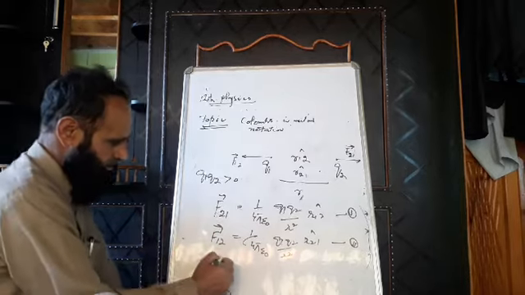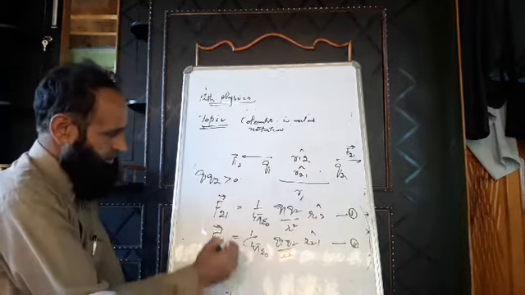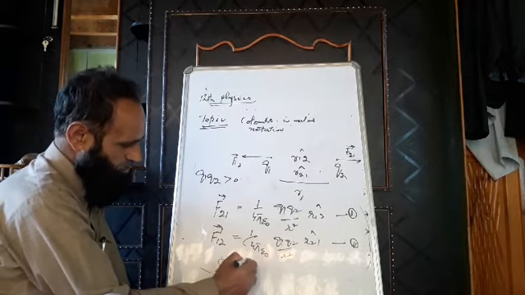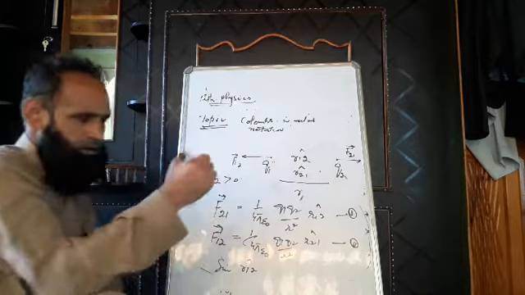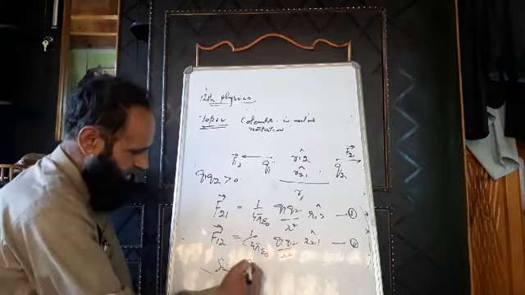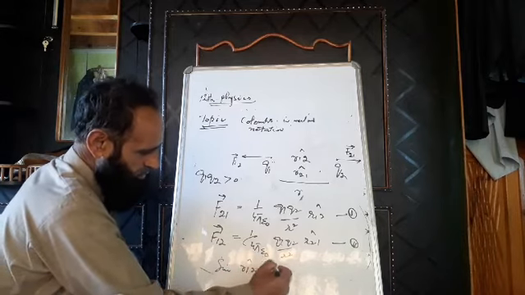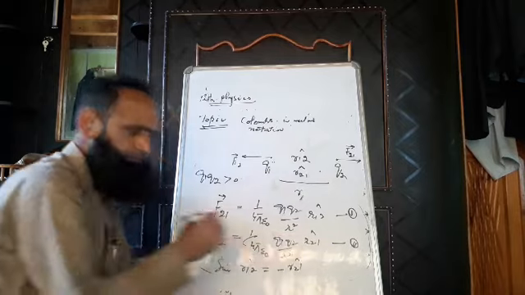So since they have opposite directions, R12 is in the direction of Q1 to Q2, and R21 is in the opposite direction. So we can see R12 is in the negative direction of R21.